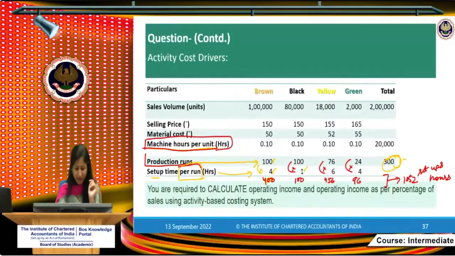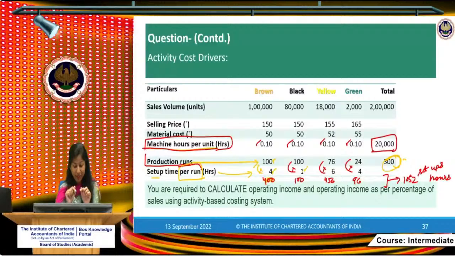For brown color, 0.1. For black, 0.1. For yellow, 0.1. For green, 0.1. Total 20,000. How did this 20,000 come? It is only 0.1, 0.1, 0.1, 0.1. Then how did this 20,000 come?